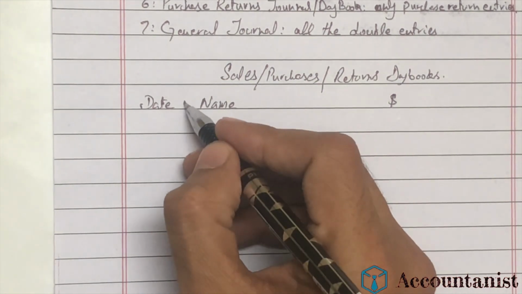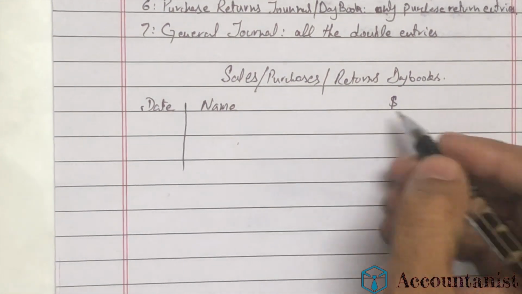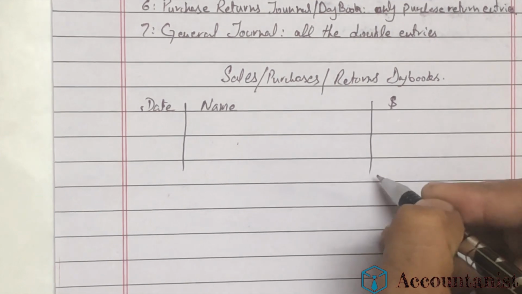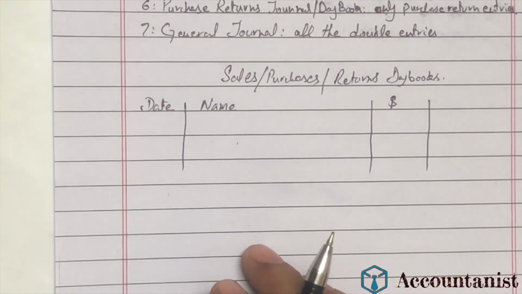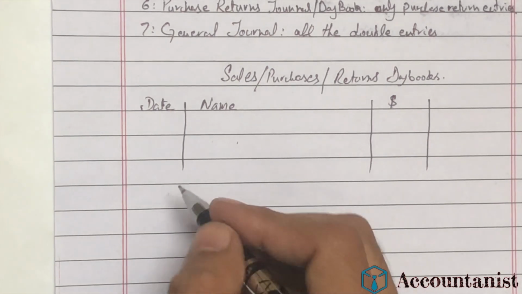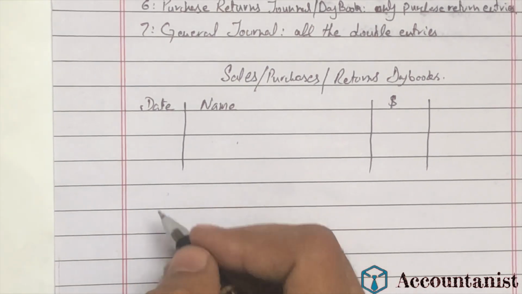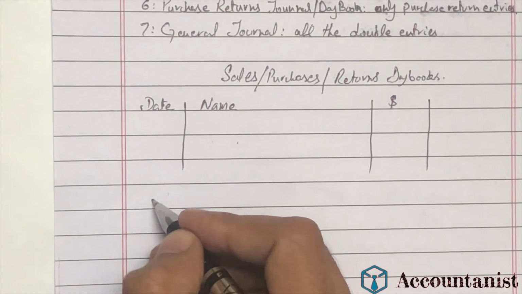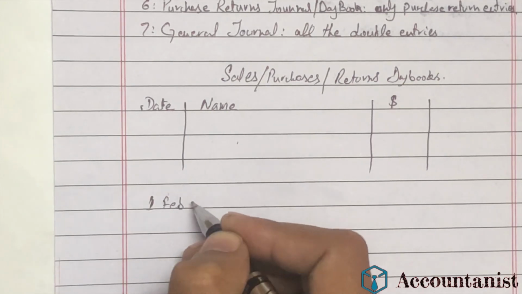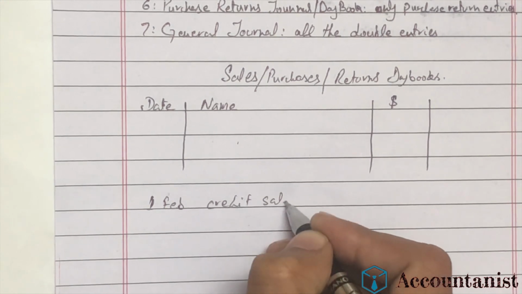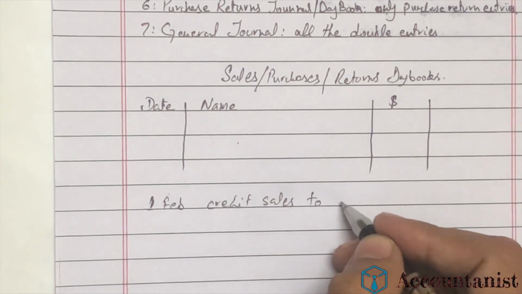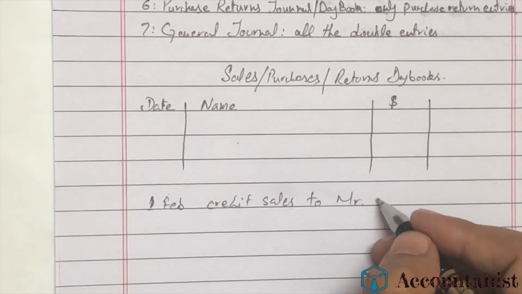So the first column is date, then the name, and the amount column. Let's suppose we are going to make some credit sales, made on 1st of February, credit sales to Mr.